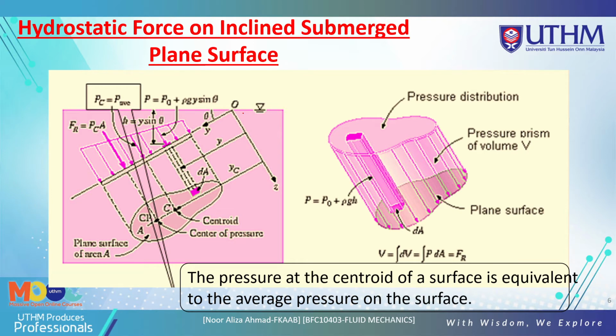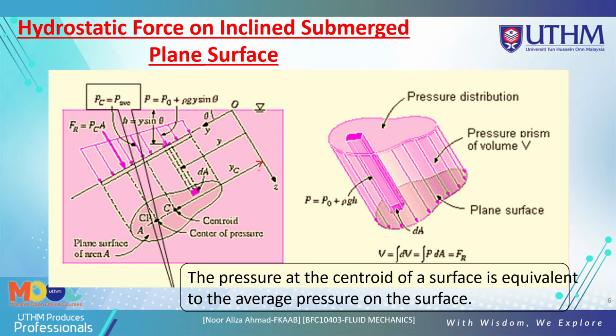From the water surface, we take zero at the level water surface, until we get to the centroid. So we get Yc. Yc is the distance from zero until the centroid.